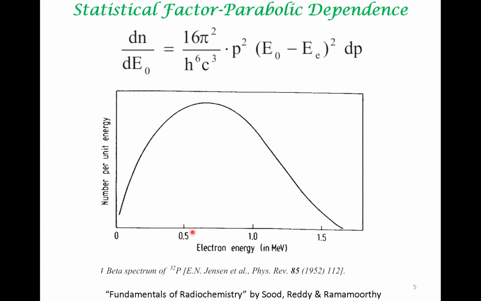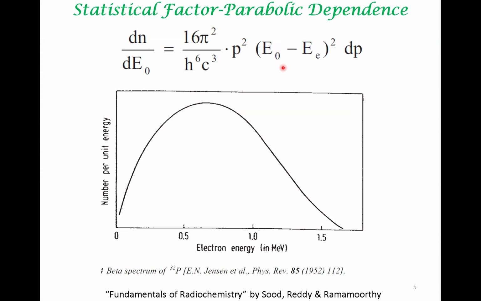That is, as you vary the electron energy, at low electron energy you have fewer beta particles. At high energies, you also have fewer, but somewhere in the middle, you have a large number of particles. So this has to be interpreted using this expression, for which we gave a broad overview of the derivation.